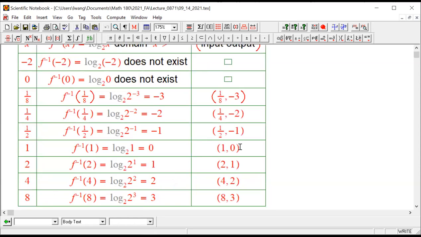If these are the things that puzzle you, all you have to do is look at what we have done. Input, output. Input cannot be negative, cannot be zero, but input can be any positive number, because there are infinitely many numbers between 0 and 1/8, right? And they will all produce output.